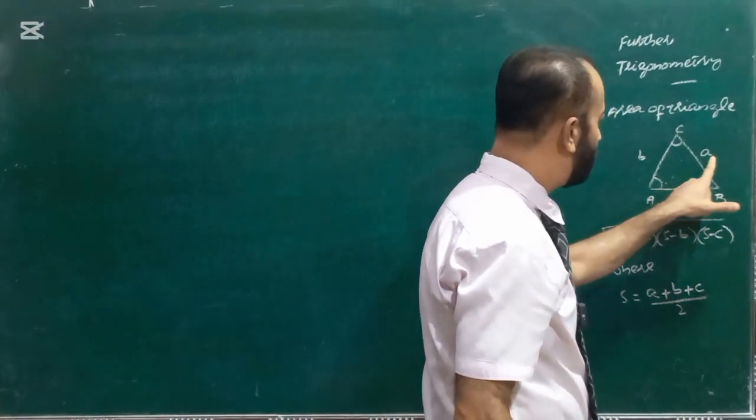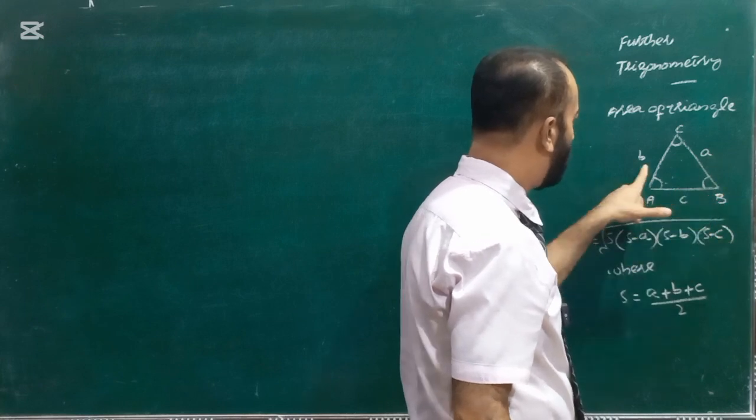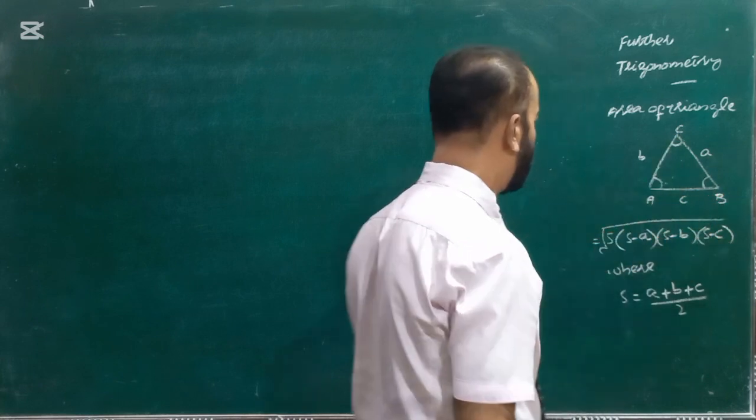Opposite to capital A is small a, opposite to B is small b, and opposite to C is small c.